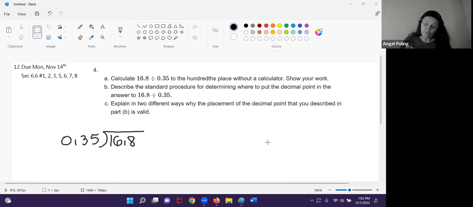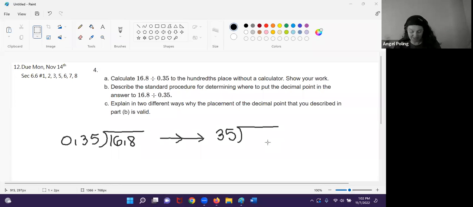And we would ignore the decimal in terms of making the divisor a whole number. So we have 35. And I usually write 2 arrows as a nod to myself that I'm then moving the decimal place 2 places in the next number.